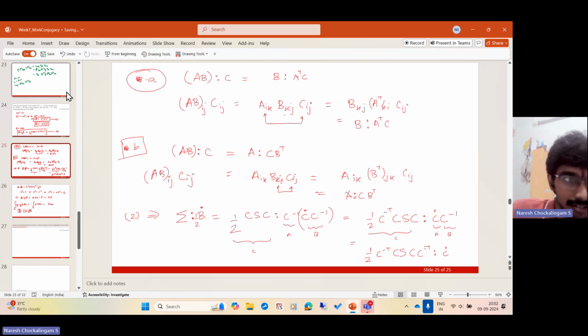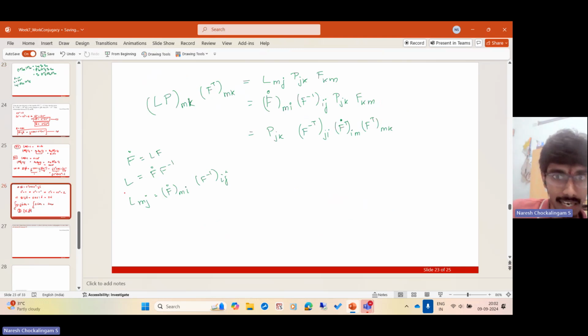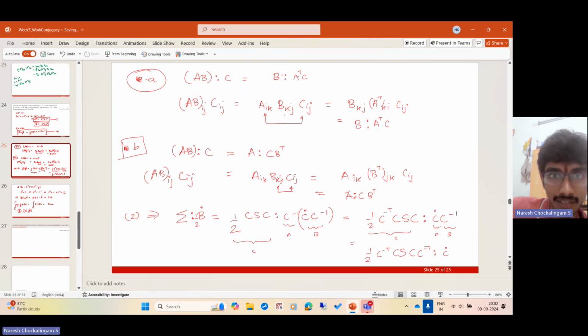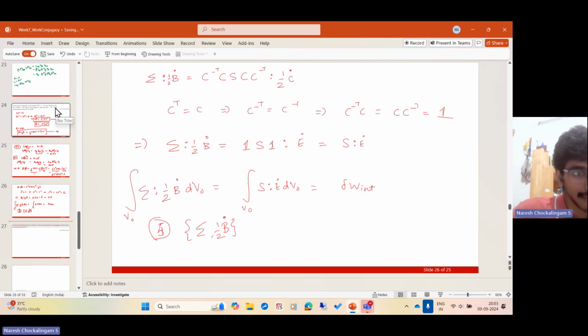Now, this problem where we got stuck, let us use this identity. Let us use these two results that we just got: the result of transferring B to the other side and A to the other side. Sorry, A to the other side and B to the other side. So let's relook at this.